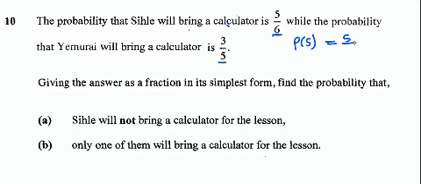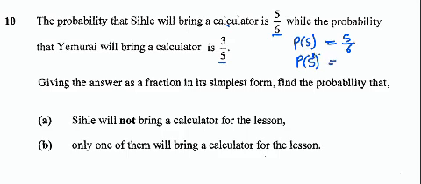So the probability that Sihle will bring a calculator is 5 over 6. So let's say the probability that she will not bring a calculator, let me put a prime.